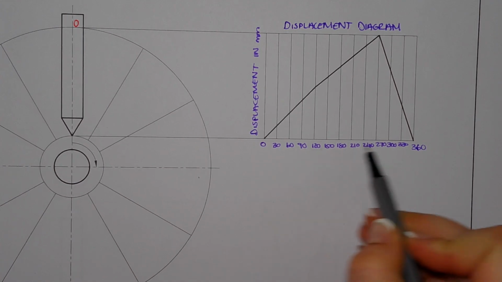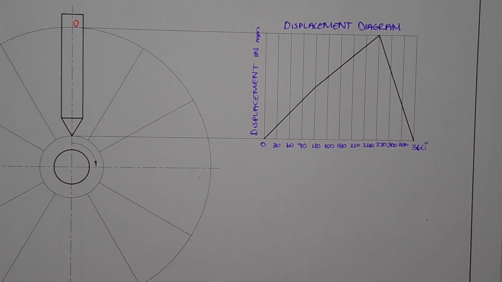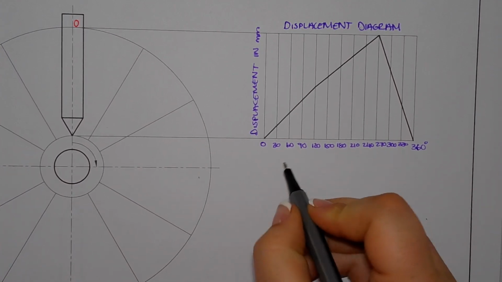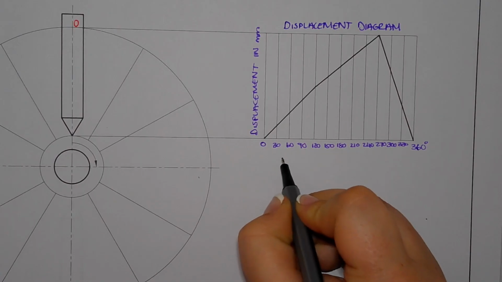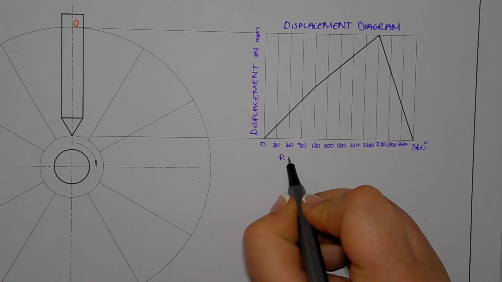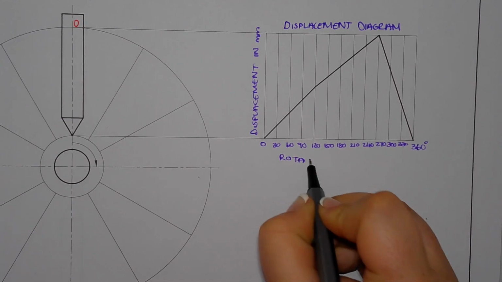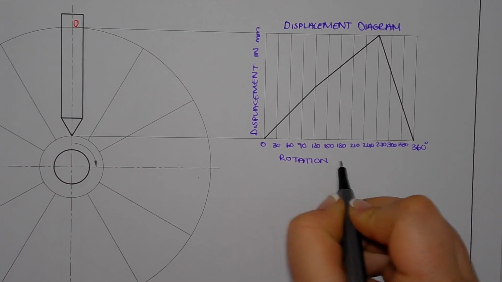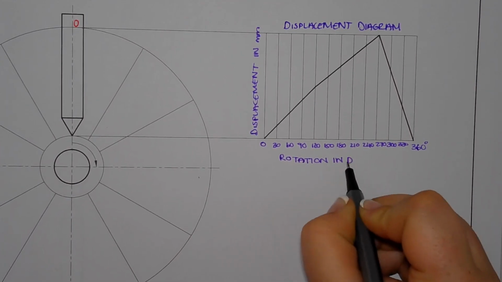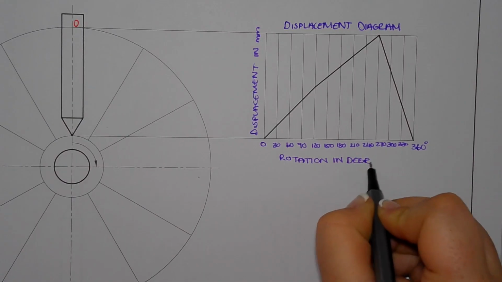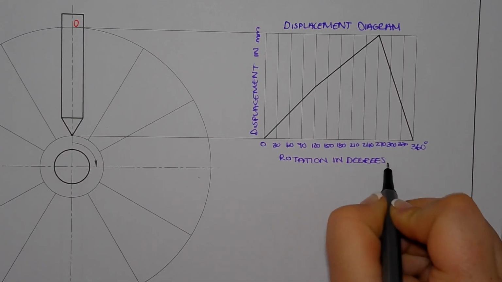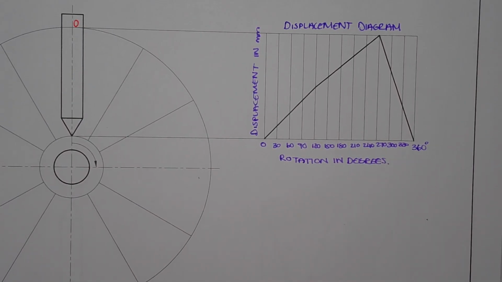These numbers that we have are degrees, and the label that we give here is rotation in degrees.